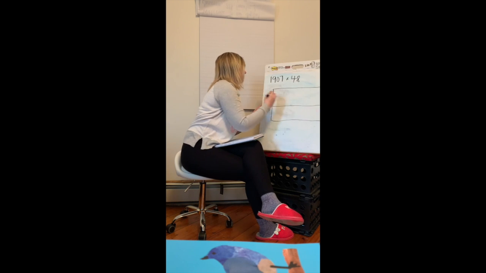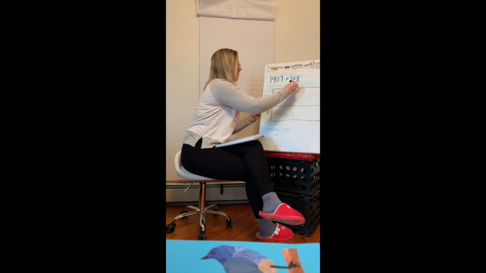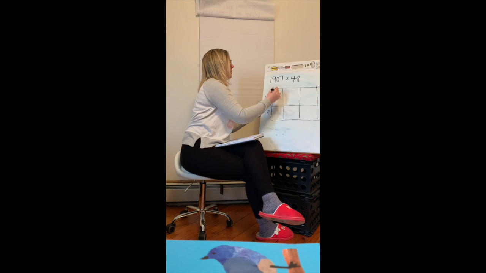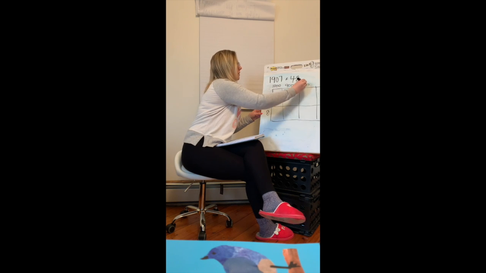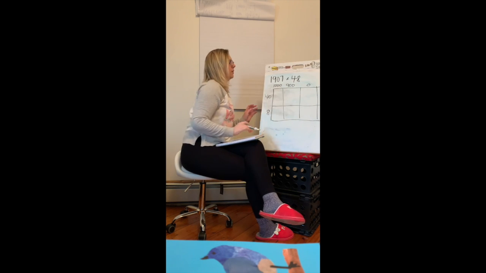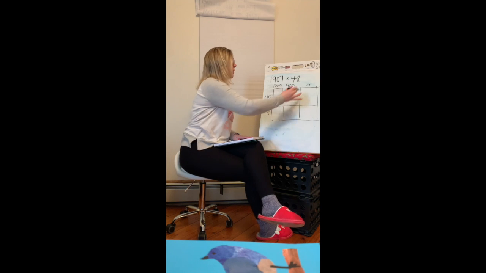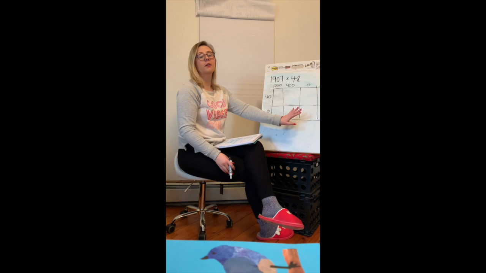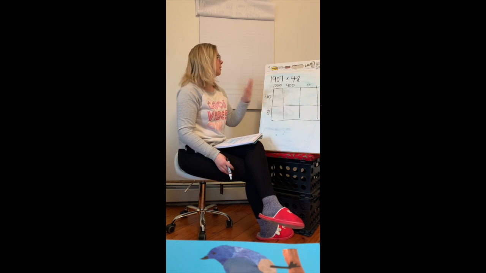We're going to do 40 and 8. Then you'll divide this into 4 pieces. You'll do 1,900, 0, and 7. Realistically, you could get rid of this box, but for sake of following routine, please keep the box.